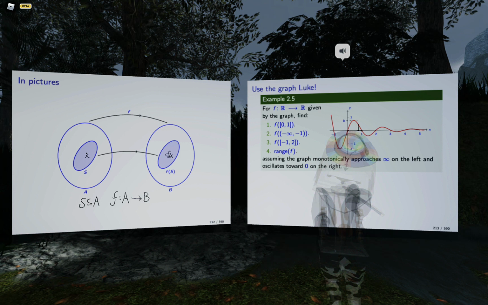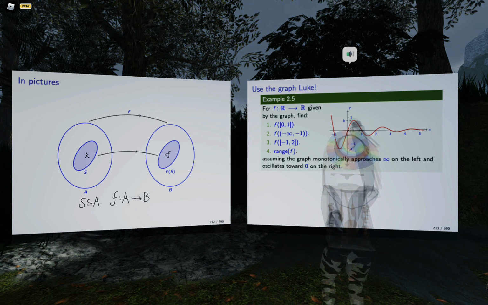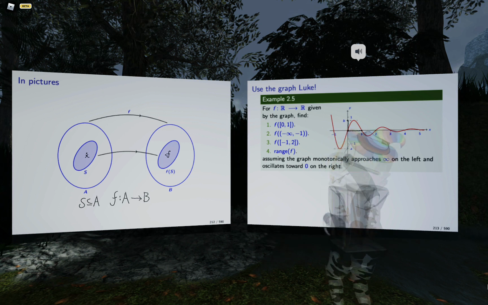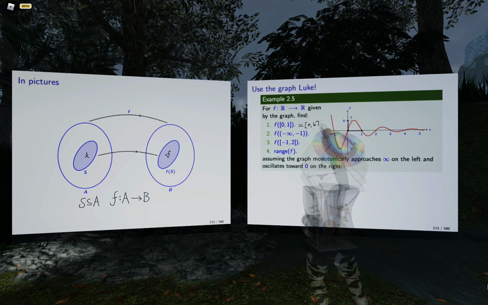So if I do that for all the inputs between 0 and 1, what do I get? Well, 0 maps to 0, and then this goes all the way up to B, and I get everything in between. So this here is going to be the interval [0, B].